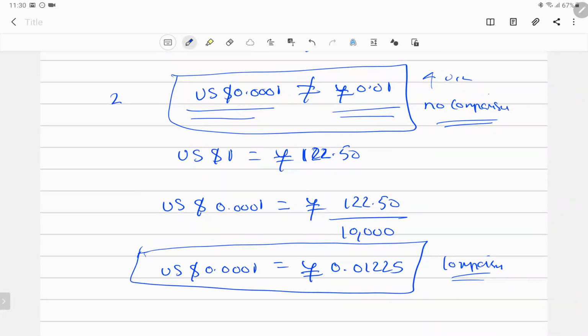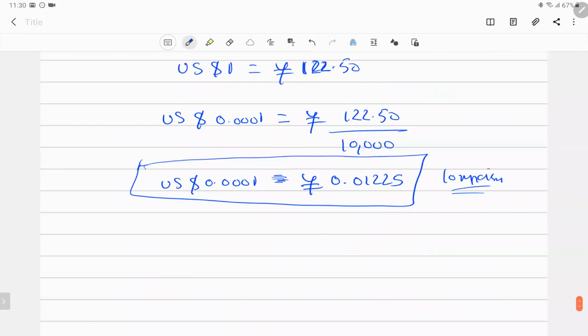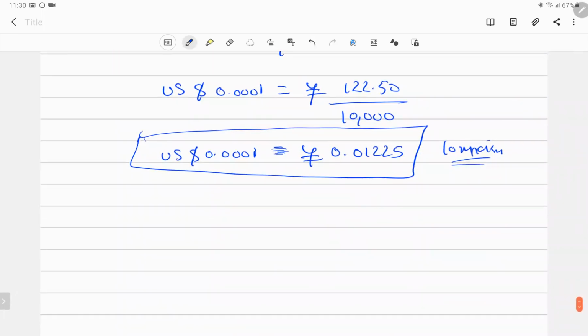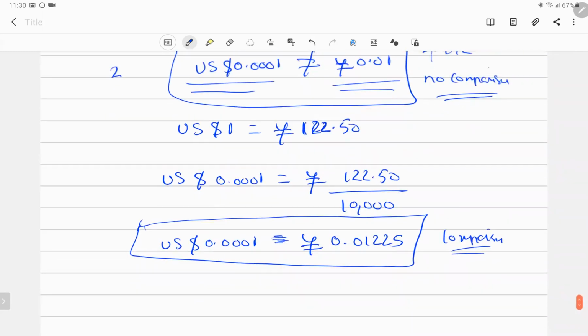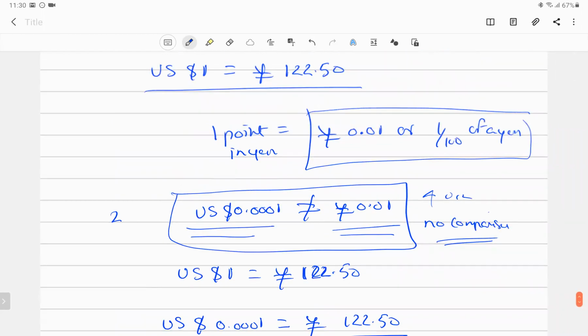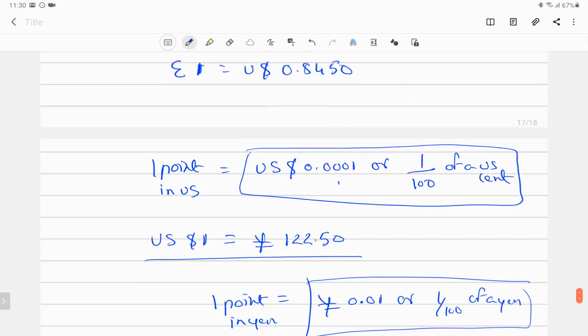We have to convert those points and bring them into a common platform. Then we have to see how much point there is in fluctuation. So here, nothing but the $1 point is worth more than 1 yen point. This is the typical thing that you have to remember. Maybe it is a little bit complicated, nothing new on that. So you remember the concept of point.